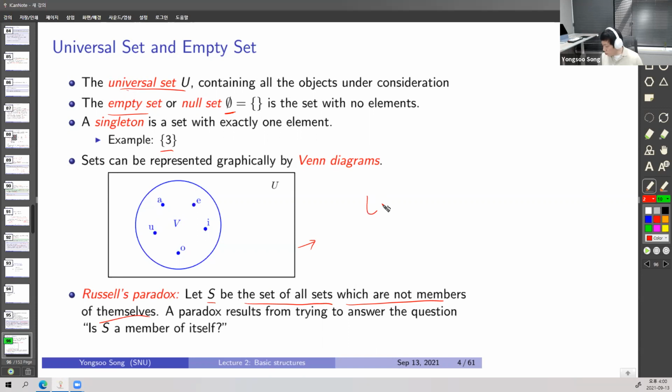So here U is the set of all sets, and S is a subset of this U, such that S = {X ∈ U | X ∉ X}. We didn't define this symbol, but I use this anyway.